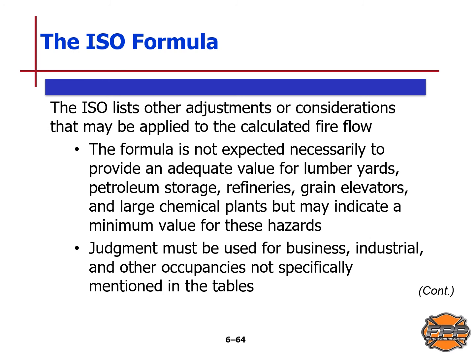So again, you can see why the ISO formula is much more precise, why it's involved in pre-incident planning, but is really not helpful on the fire ground, except for the fact that prior to answering a call to a particular location, there should be a pre-incident plan in place, and that will have an ISO total for you.